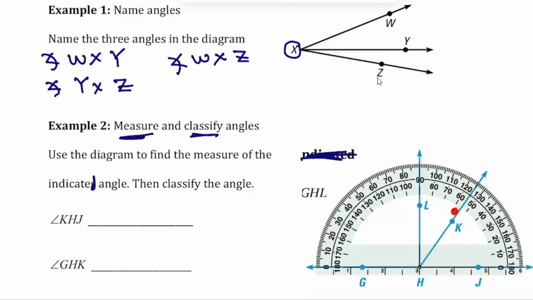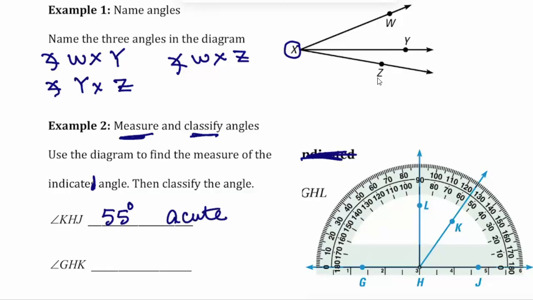This angle is opening to the right. So I'm going to use the inside, and I'm going to go up to here. And that's 55 degrees minus 0 where I started. So that angle is 55 degrees. If it's 55 degrees, it is acute.